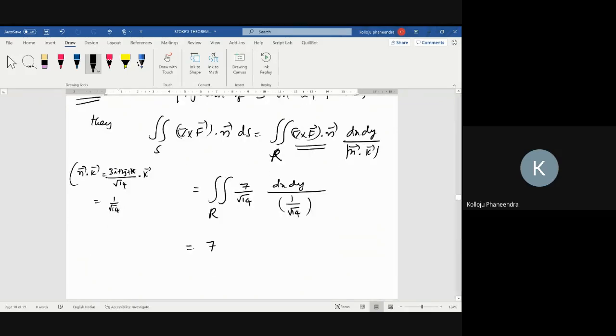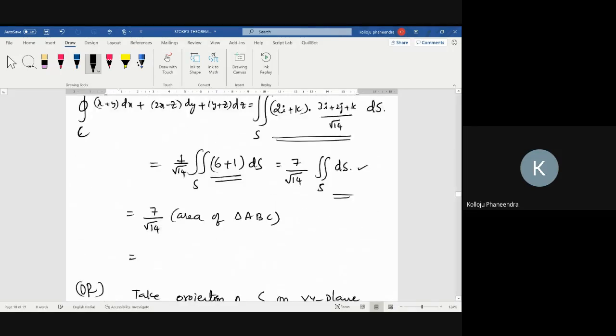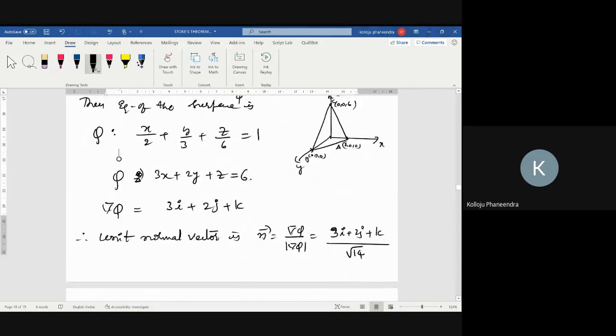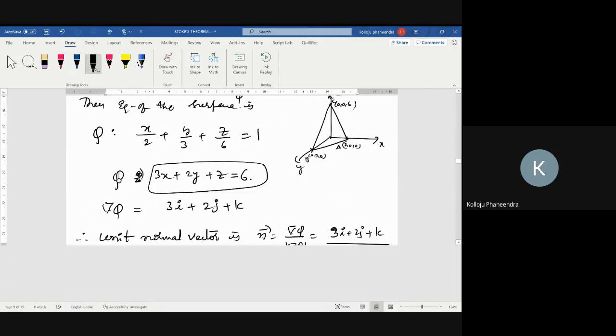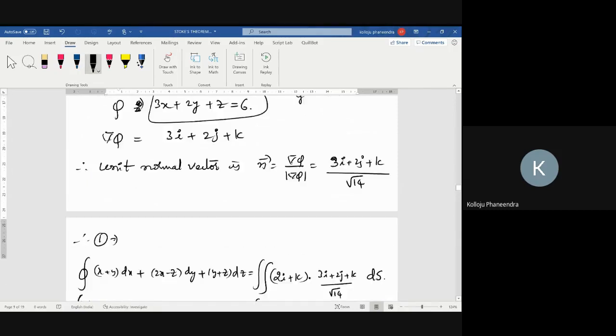So this is 7 into double integral over R of 1 by root 14, and 1 by root 14 gets cancelled, dx dy. What is R? R is the region bounded by, I have to consider the projection of this plane on the xy plane.